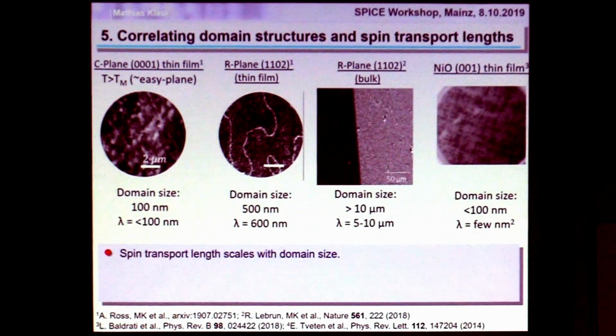It turns out that when we go to thinner films, the spin diffusion length goes down anyway, so we don't get into that limit. We don't really have films where the spin diffusion length is much longer than the thickness, where we could say it is limited by scattering at the interface. But yes, I would love to have that, please make perfect films for me. I think it's an absolutely valid point.